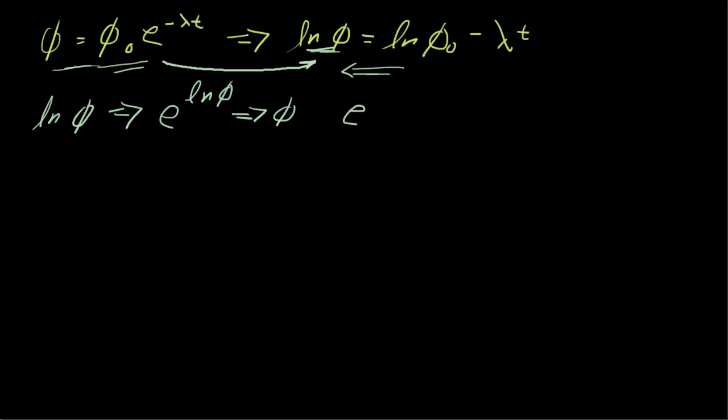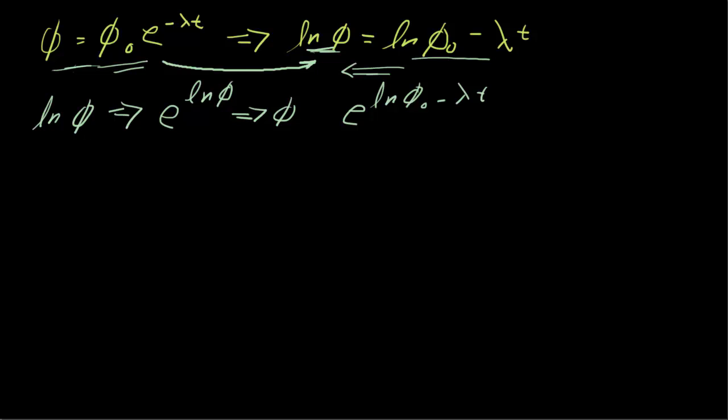So just to maintain equivalence here, we need to use this side of the equation as the power for the base e, and that would give us e to the log of phi 0 minus lambda t. Now it might be tempting to think of this as e to the log of phi minus e to the lambda t, but remember your basic rules.